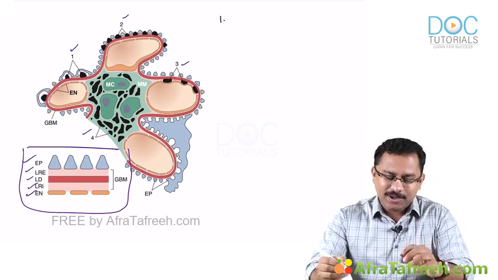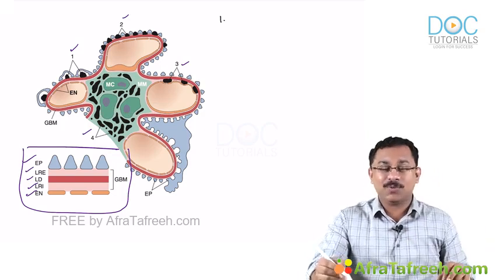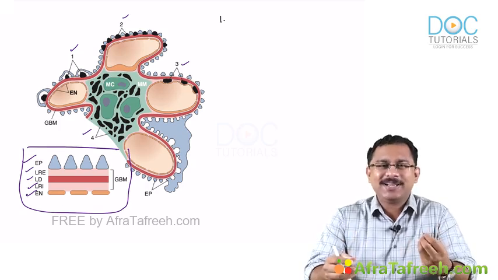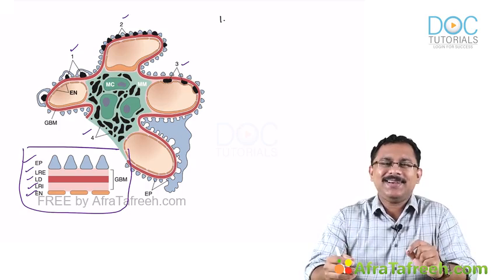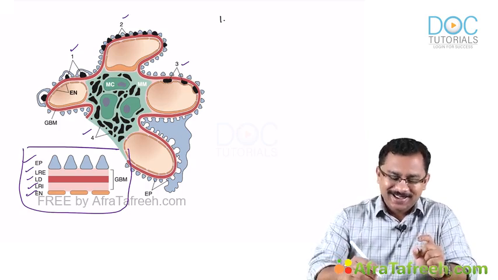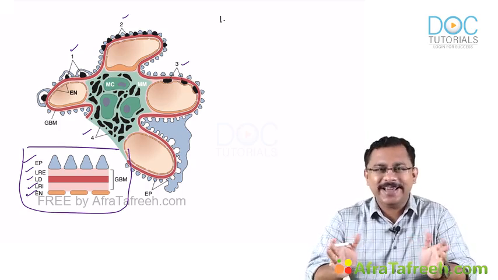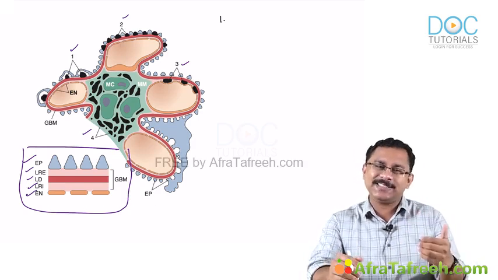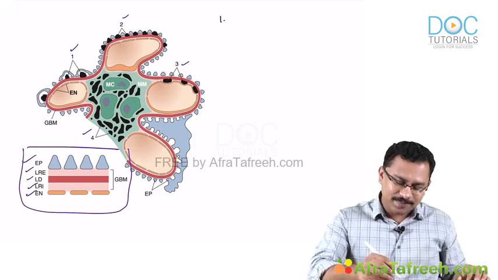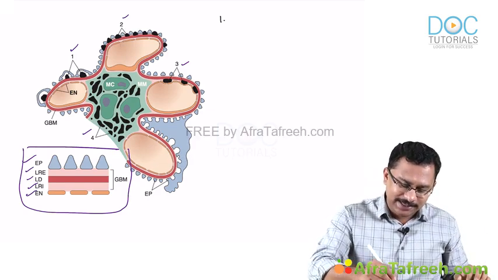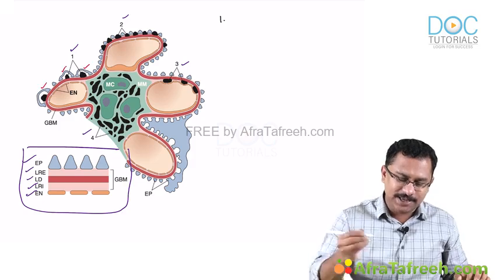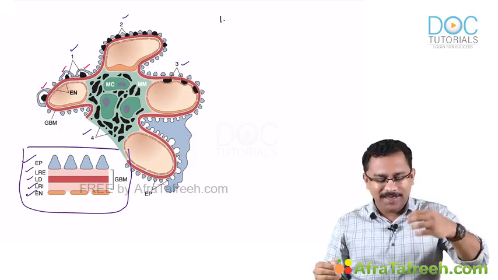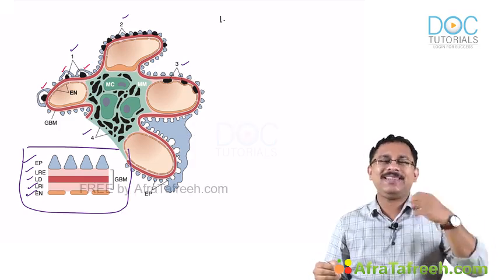Whatever is shown as black in this particular image are the immune complex deposits. So tell me, the one marked as 1, the immune complex deposits occur where? Is it in the endothelium, subendothelium, the basement membrane or the subepithelium? Clearly you can see these are the foot processes of the podocytes, that is your visceral epithelium, and you have the immune complexes just beneath the epithelium.